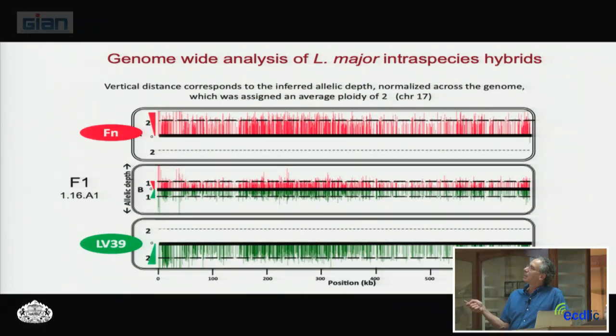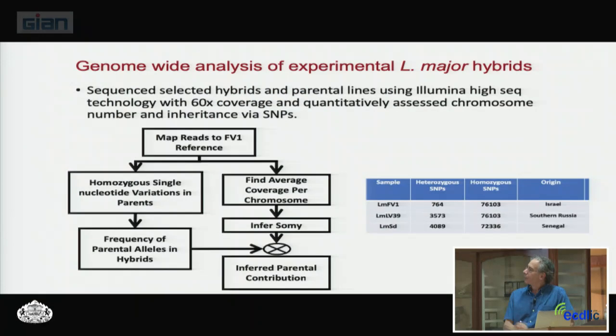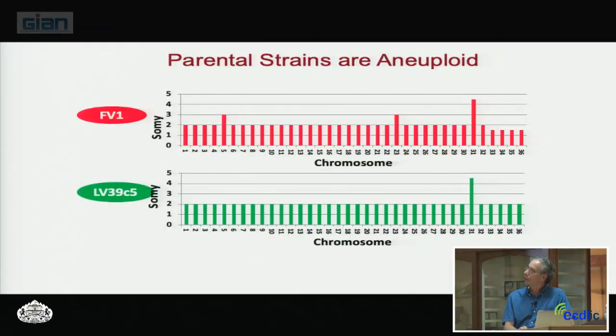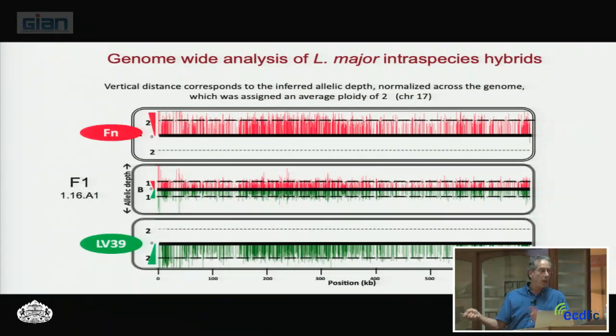So this is looking at individual SNPs, now across just one chromosome. I've told you the single nucleotide polymorphism differences between the different strains: there are over 70,000 distributed across the nuclear genome. These bottle brush plots look at one chromosome, chromosome 17.